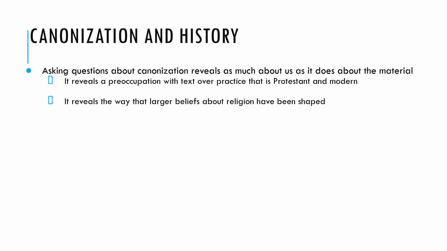And this, of course, is derived from an idea about religions that comes from modeling them on Christianity, but maybe that's not even the best way to think about religion. Maybe that's already assuming something about what religion is that is culture specific to Europe and to the United States, about Christianity being the model and then therefore needing a holy text.